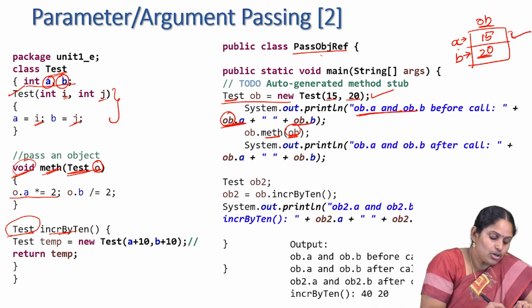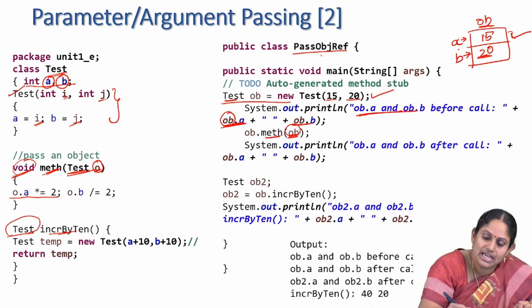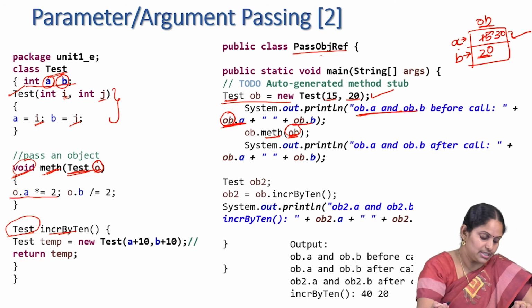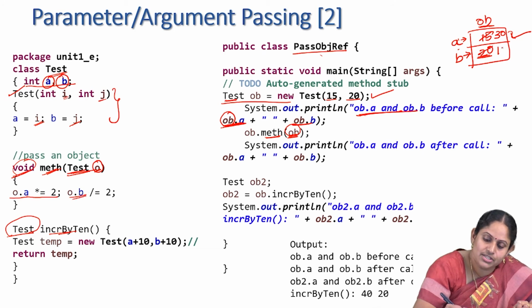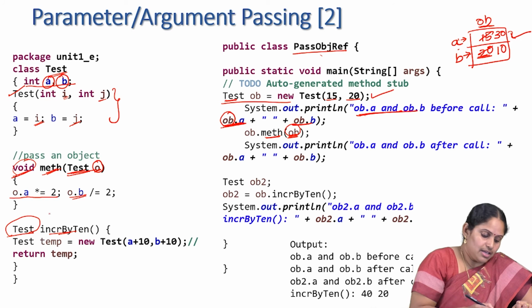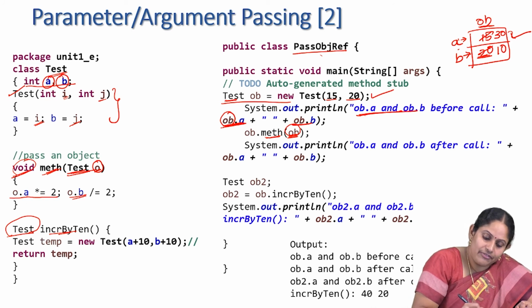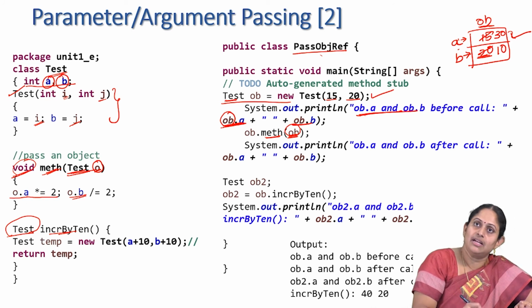O.a is 15 initially, so that will be stored as 30. And O.b was 20, and we are dividing that by 2, so this will be changed to 10. So we have passed the values by reference. As a reference we are passing this.